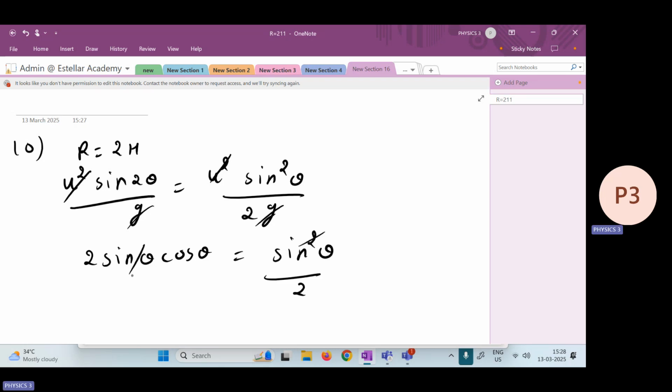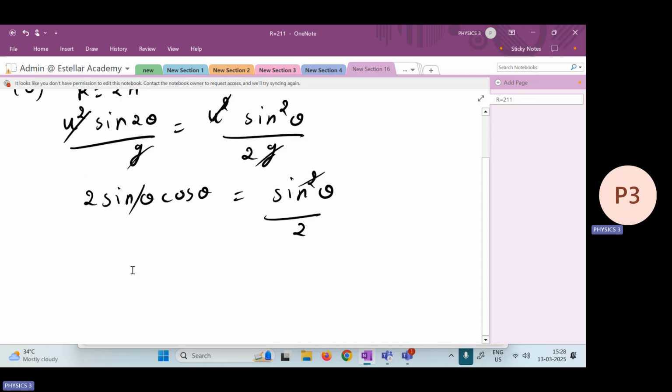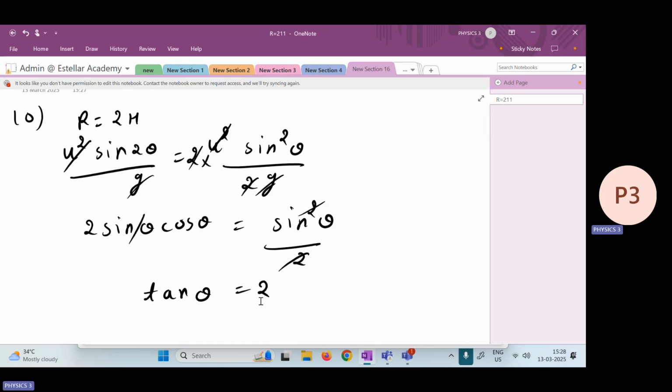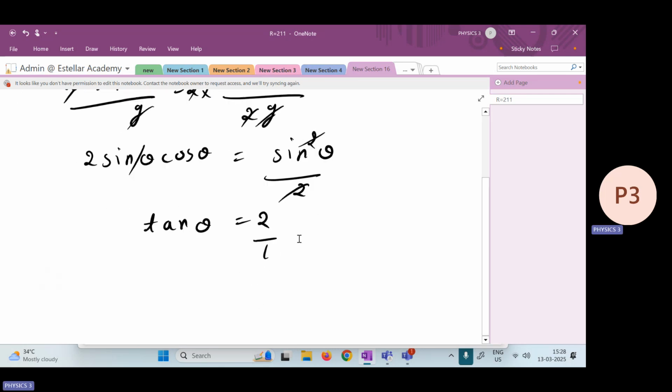From here, this got cancelled out. So we can see here the 2 was also there. So 2 got cancelled out. This got cancelled out. So we can see tan theta would be equals to 2. And we can also write it as 2 by 1.